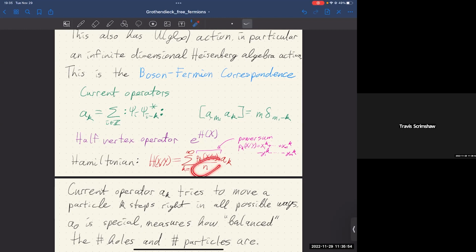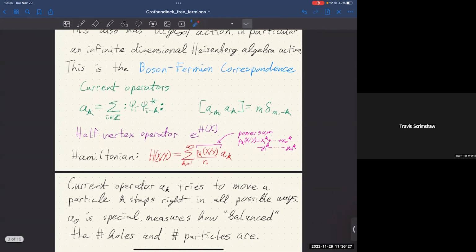And then I'm just going to divide by n and multiply by a current operator. And then I'm going to take the exponential in the usual formal power series Taylor expansion of these Hamiltonians. And I get a huge, massive sum, but things are actually still well enough behaved that we can actually do some computations with them.